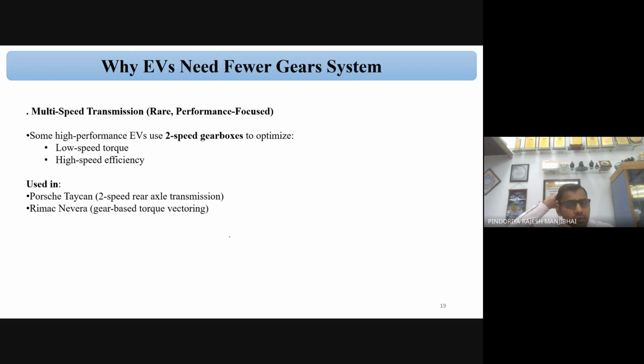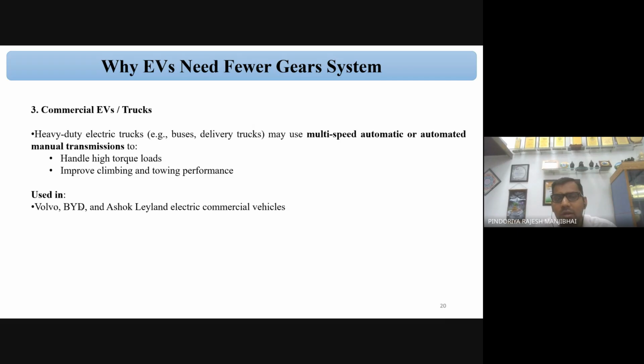Multi-speed transmission system: some high performance EVs use a two-speed gearbox system for low speed torque and high speed efficiency. The Porsche Taycan as well as the Rimac Nevera use a two-speed gearbox system.